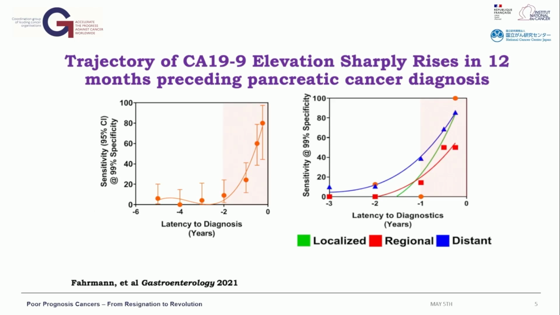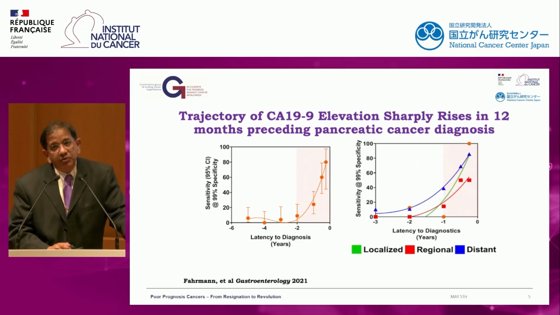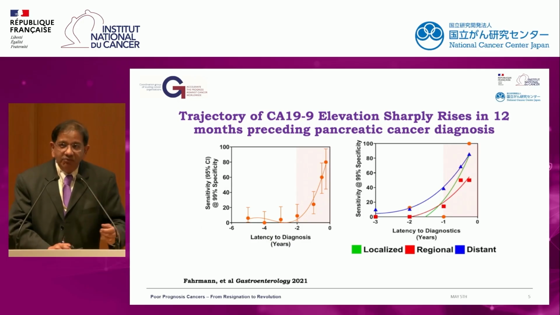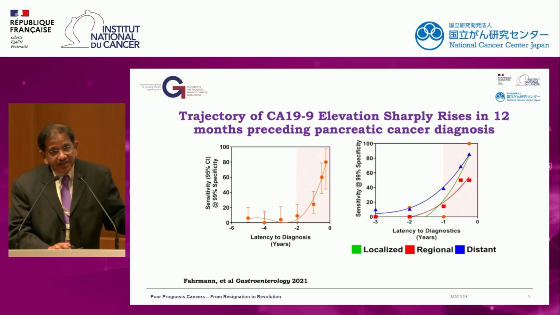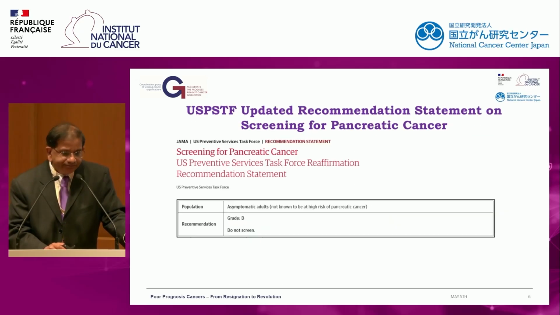What we found when we looked at CA19-9 was a sharp upturn in the last 1 year or so before diagnosis. Again, reiterating what I said in my last slide, this disease really accelerates in the last 1 year before clinical onset. But there is this window where you can potentially diagnose this disease and get it at the resectable stage.